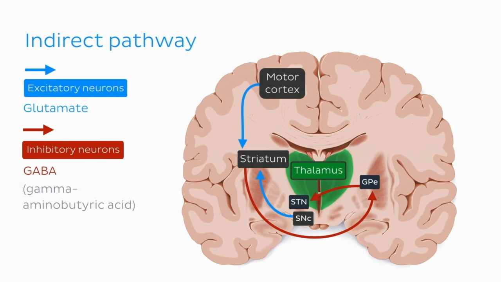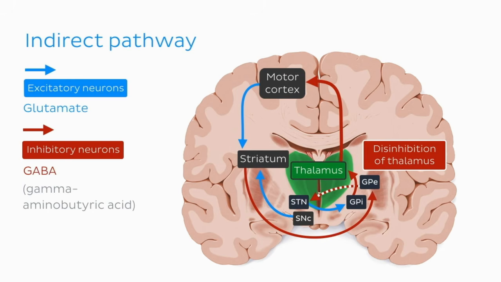When the external globus pallidus is inhibited by the striatum, its inhibitory effect on the subthalamic nucleus decreases. That causes the subthalamic nucleus to send an excitatory signal to the internal globus pallidus. As we know, the internal globus pallidus only has an inhibitory influence over the thalamus, which causes its inhibition. That means the thalamus is prevented from sending a signal to competing areas of the motor cortex, and voila, no competing movements are propagated.